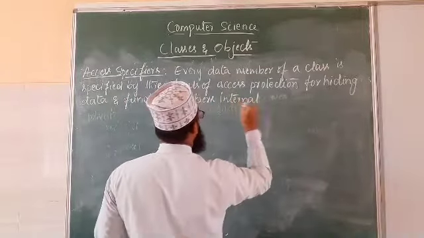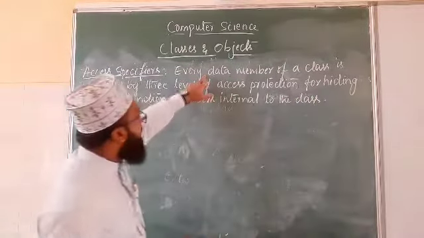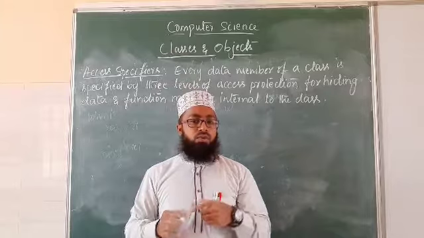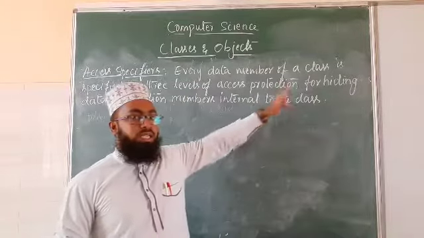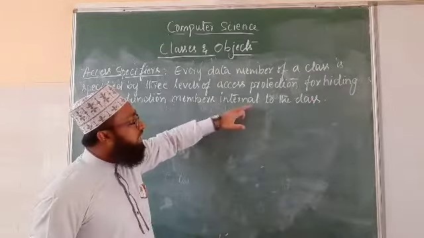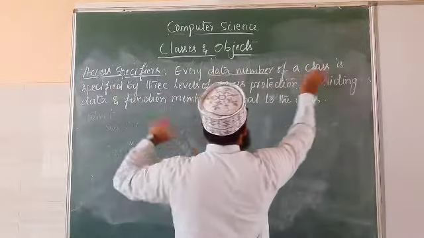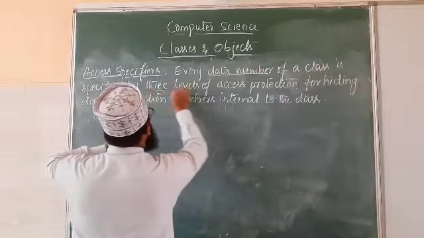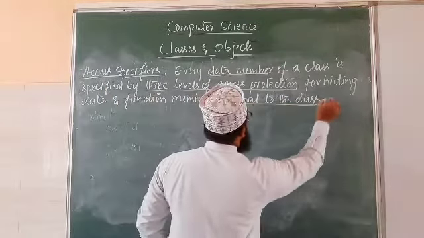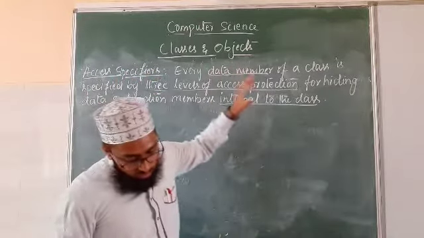Every data member of a class has three types of access protections for hiding data, and the member functions which are present inside the class as well. So every data member of a class is specified by three levels of access protection for hiding data and function members internal to the class. These things are called access specifiers.